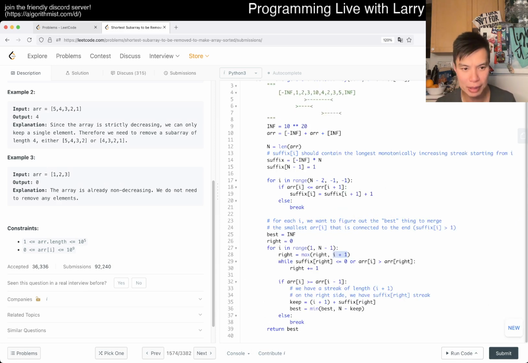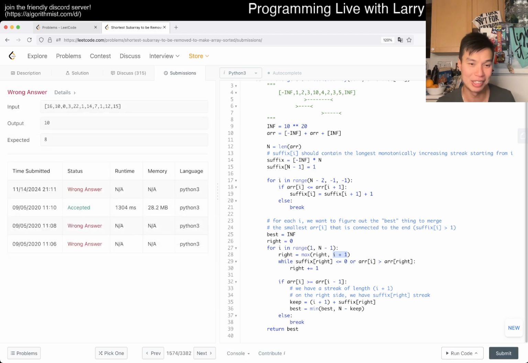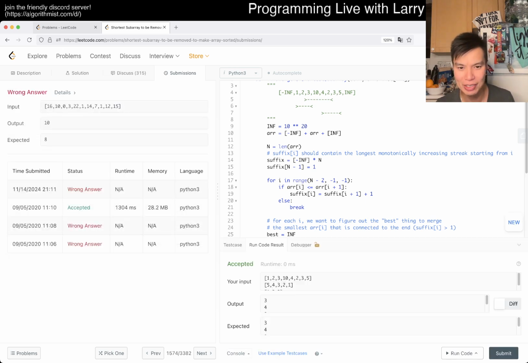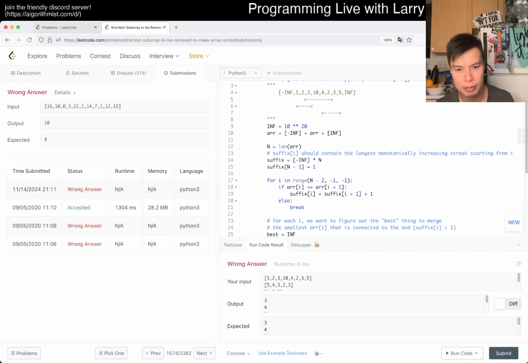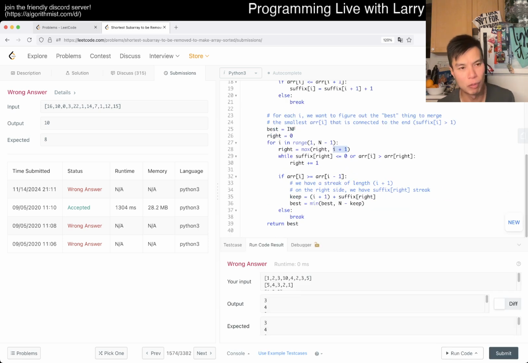Let's give it a YOLO submit. 2 wrong answers last time, and today we have at least 1 wrong answer. Apparently, I did this 4 years ago, a long time ago. But let's take a look real quick. The output is 10, but we expected 8. So my answer is worse than the expected answer, which means it could be an algorithmic problem.